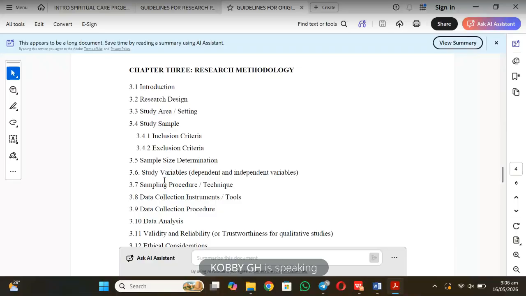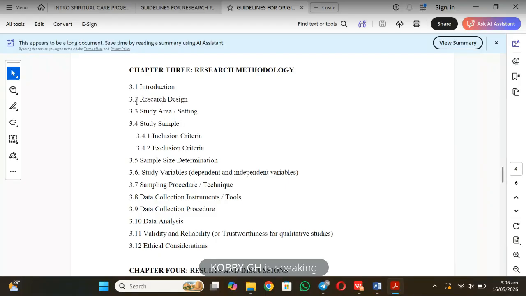Then we have the sampling procedure. Okay, so we can just ask you to state all the areas you have to focus on when you are doing research methodology. What it means is that you have to write out all these 12 areas. Is that okay? Yes. So all these 12 areas come under research methodology.